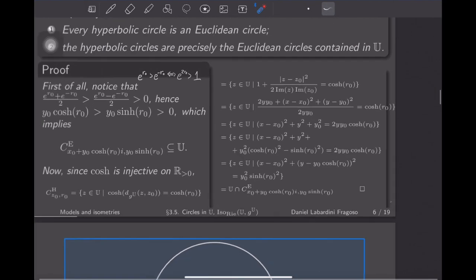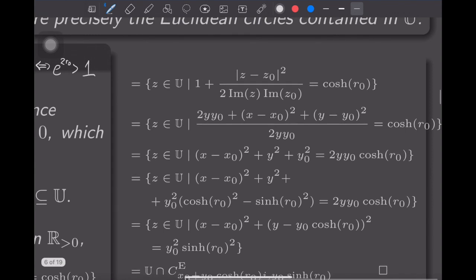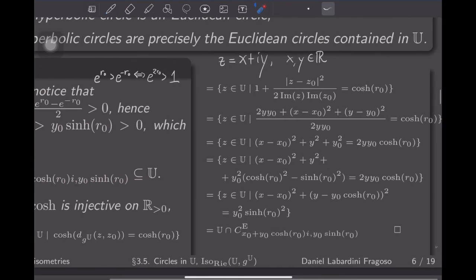And here I write my z's as x plus iy, of course, with the real and imaginary parts. If I write z like that, then I just develop. Here this is this one, and then here you have this other thing.